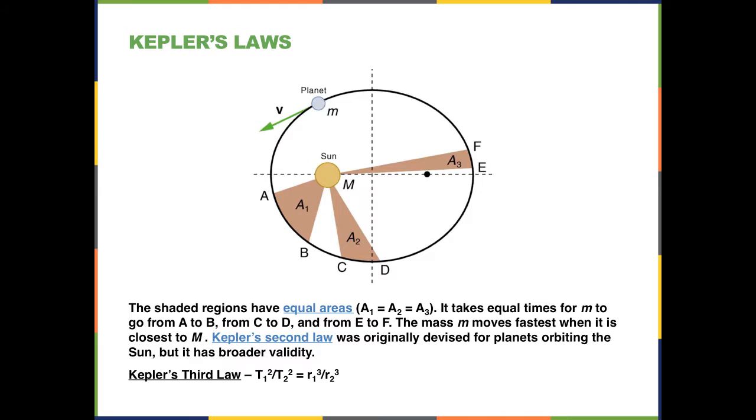And the third law is stated right here. That is, the square of the periods of any planets.